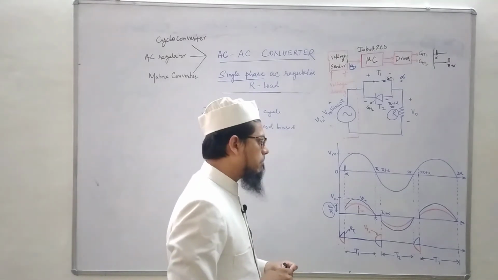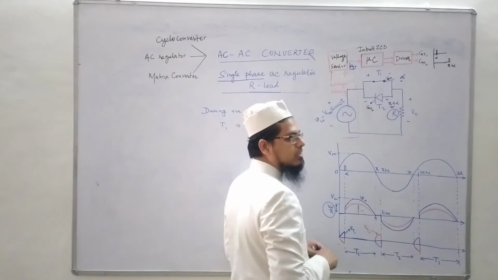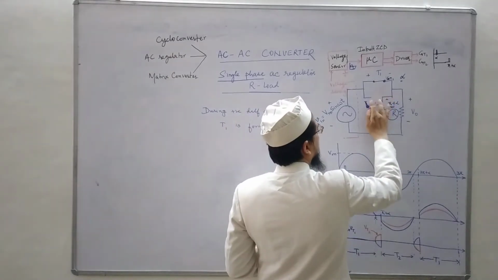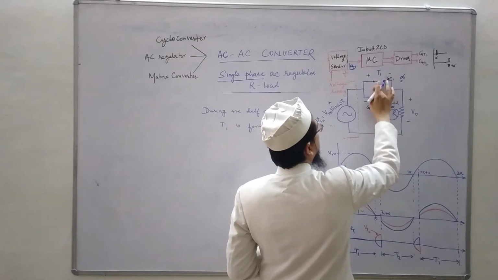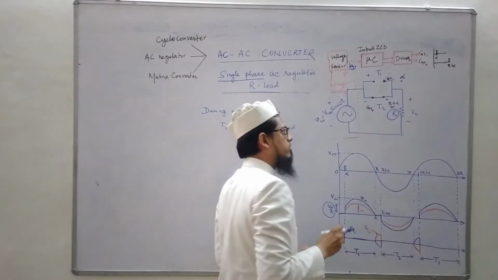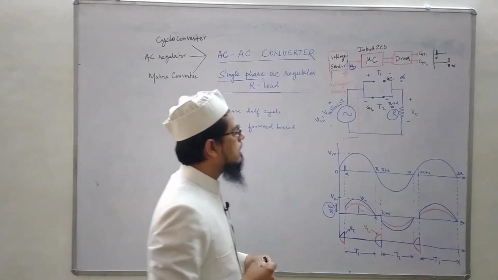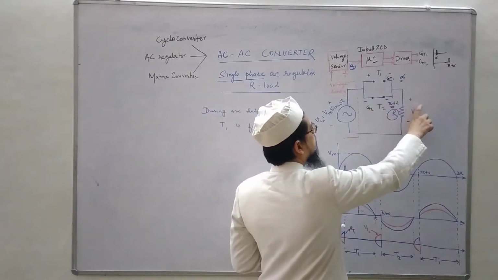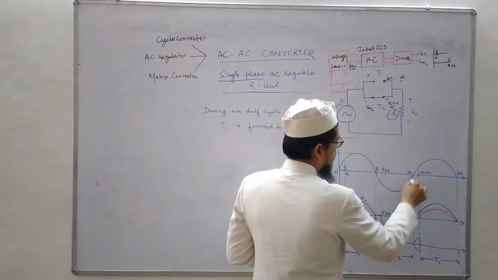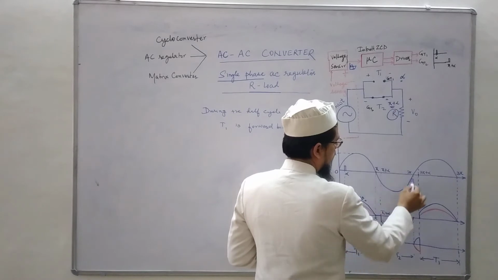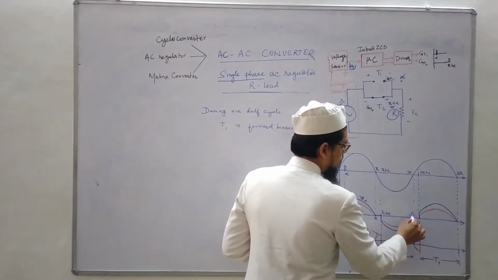Now at pi plus alpha, a firing pulse is given to thyristor T2. So T2 now starts conducting and T1 is off. If that is the case, you could see here that again the output voltage is equal to the input voltage, from pi plus alpha to 2 pi.